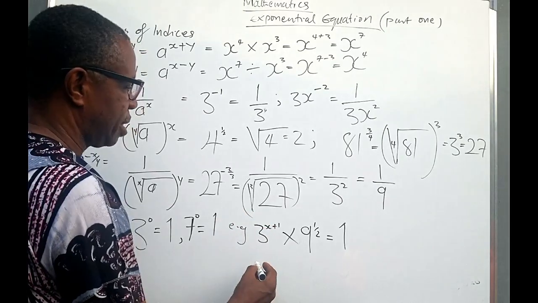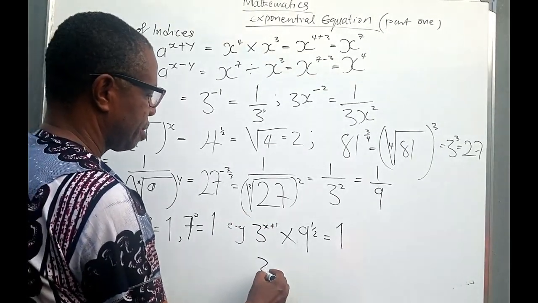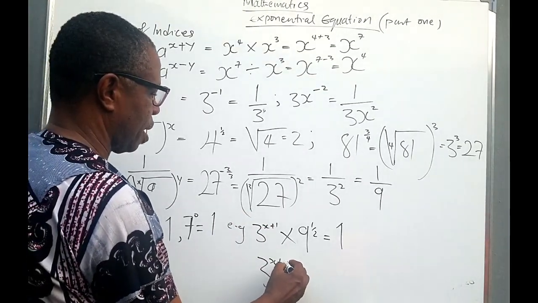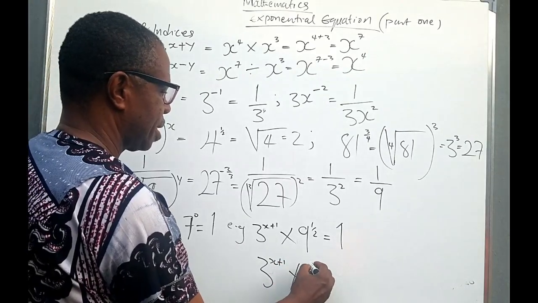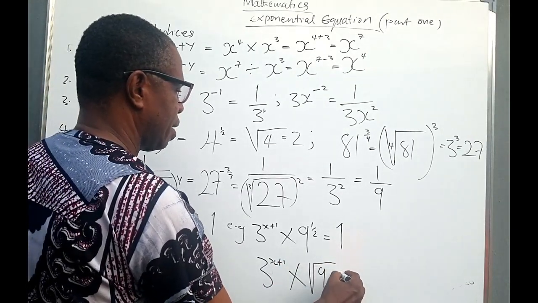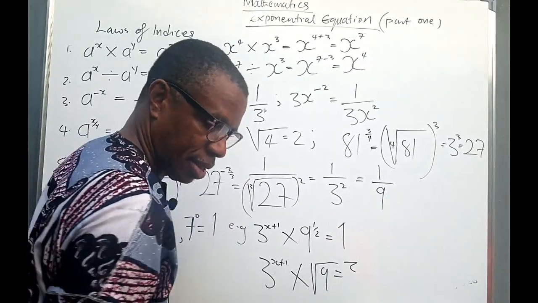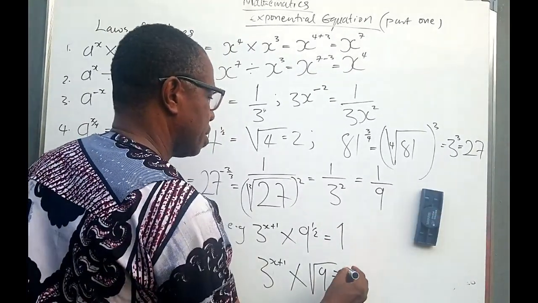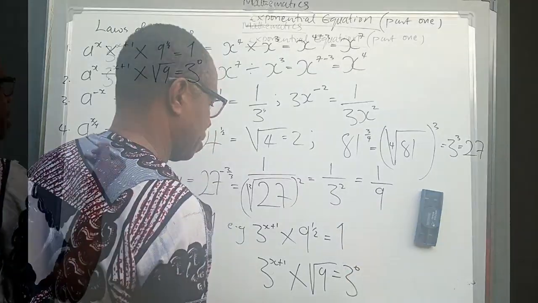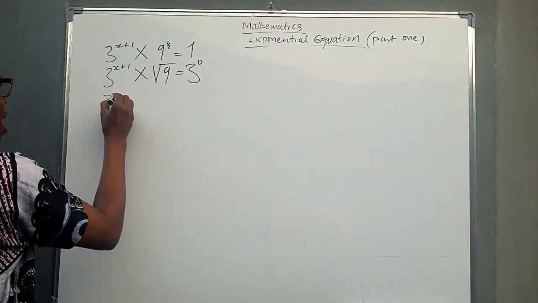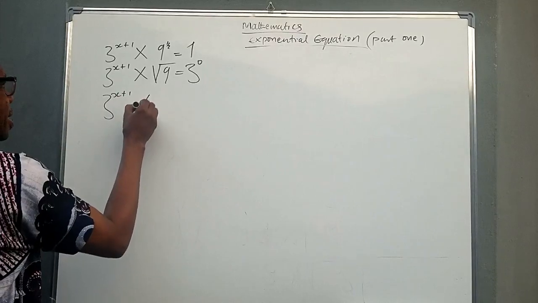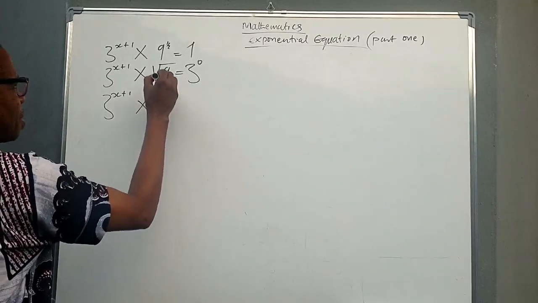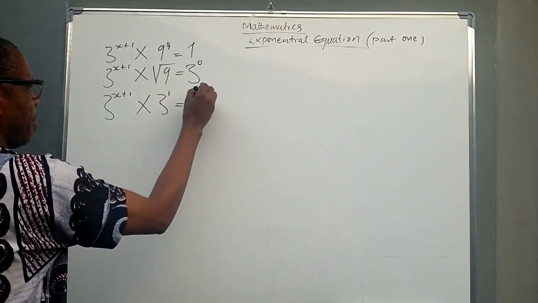So this is the same as saying 3 raised to the power x plus 1 times the square root of 9 equal to 3 raised to the power 0, which is 3 raised to the power x plus 1 times 3 raised to the power 1, because of this 9, is equal to 3 raised to the power 0.